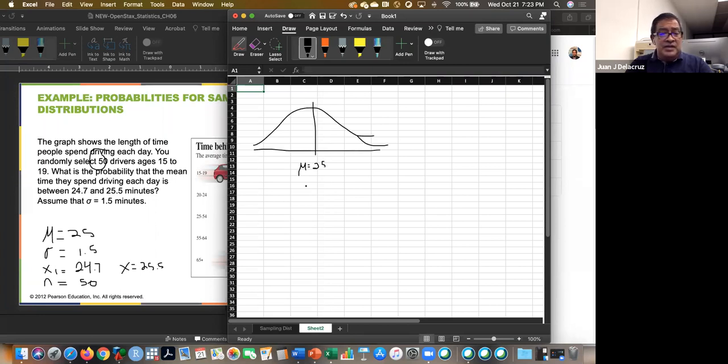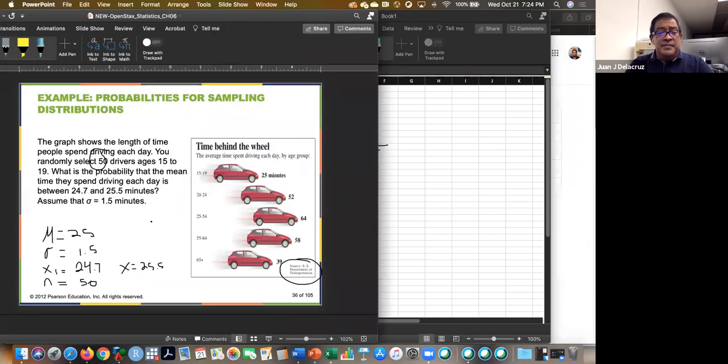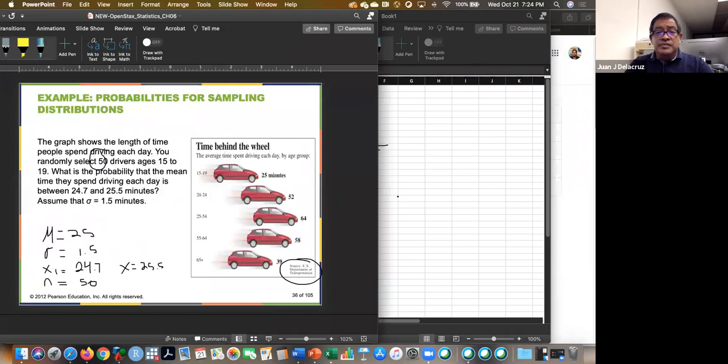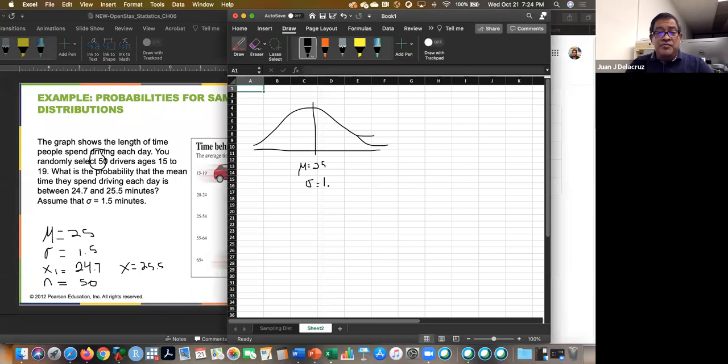right? So my sigma is going to be 1.5, and then I'm going to find values between 24.7 and 25.5, right?